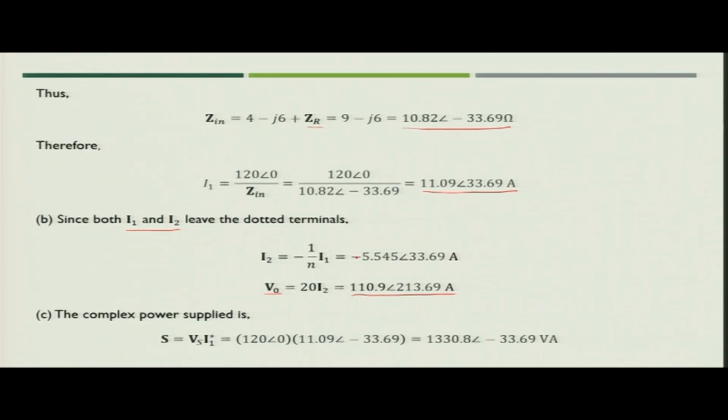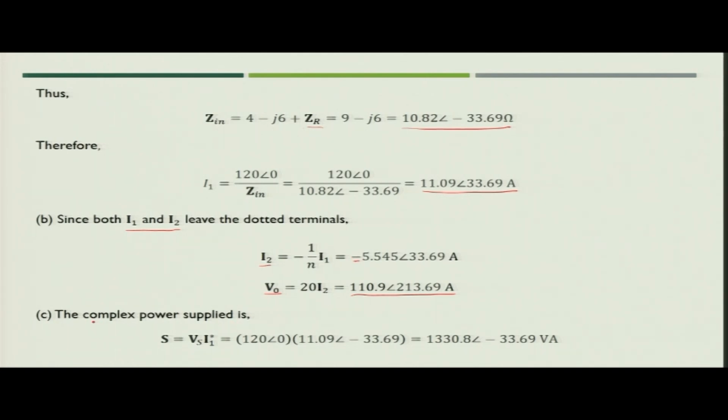So, if you take the minus out and multiply by 1 angle 180 degree and simplify, you will get 110.9 angle 213.69. This is how you have got the angle value different from what we have seen in case of I2 when the minus sign was present.